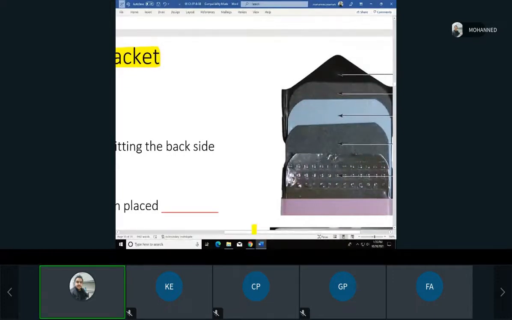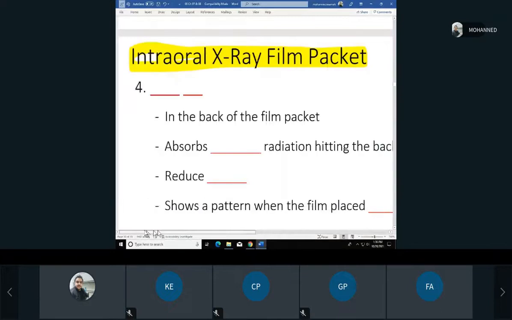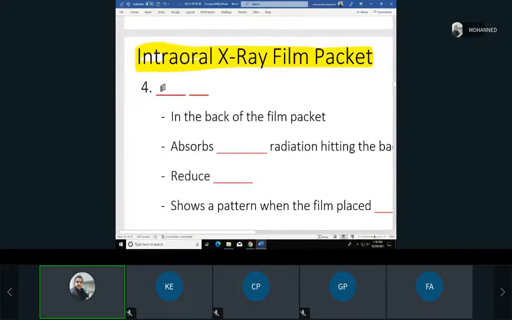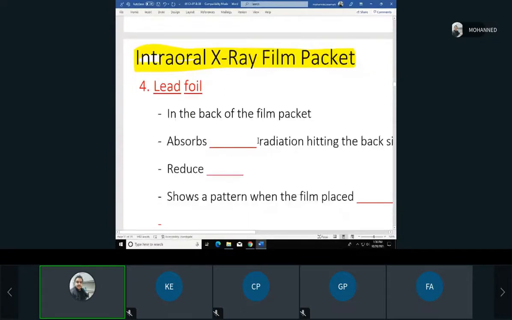Foil, yes, lead foil. Each film has a small lead foil at the back of it. And guess what is the use of that?